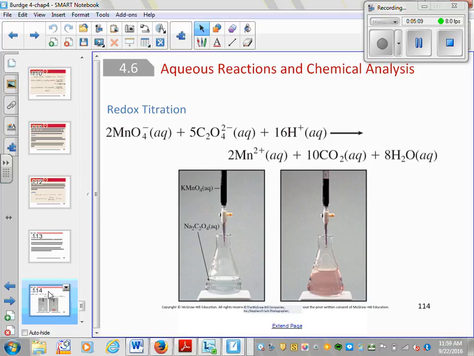The carbon here is what? It's got to add up to 0. So the carbon here has got to be what? 4 plus. So the carbon is going from 3 plus to 4 plus. How does it do that?